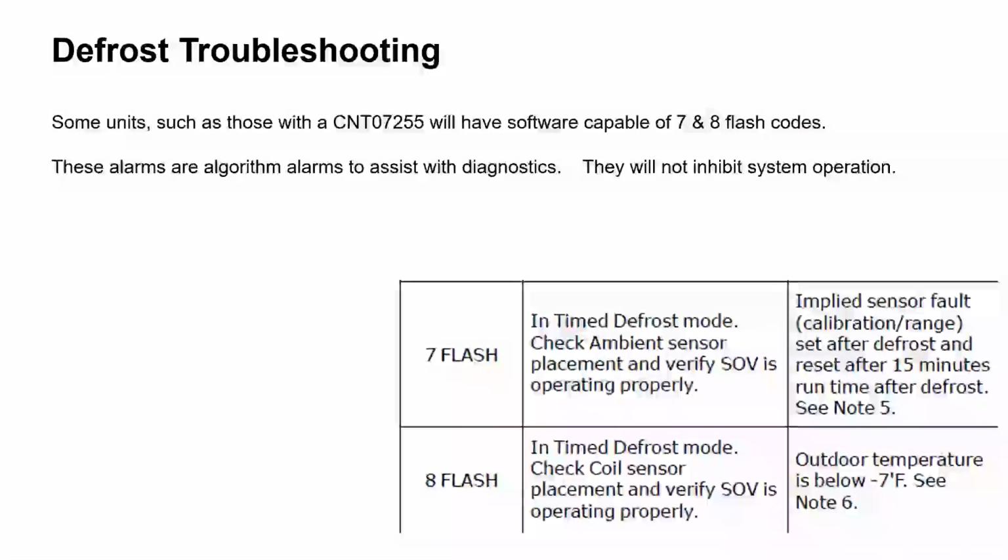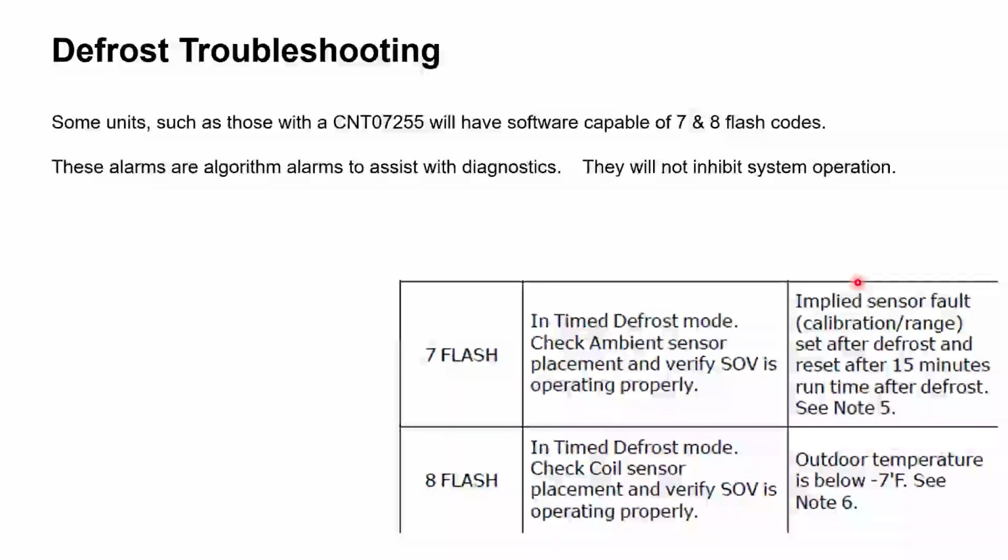Like I mentioned, the early controls had a 7 and 8 flash, and this was what they called the implied low pressure switch. If you have one of these controls and you're seeing that implied low pressure, it could populate as a low pressure switch trip or a 7 flash fault code.